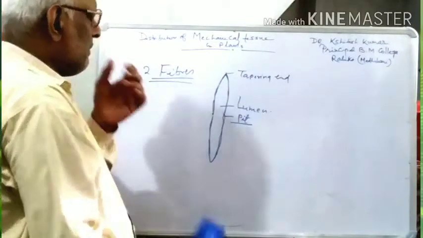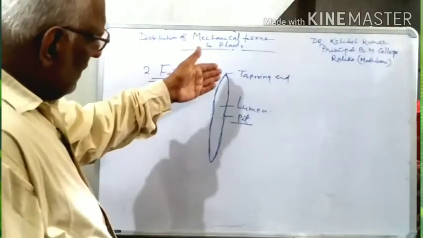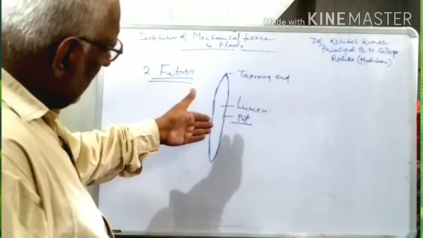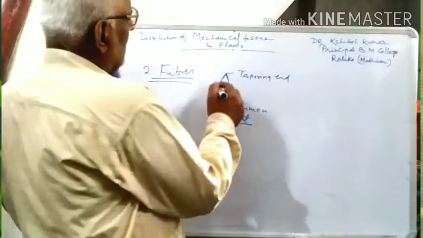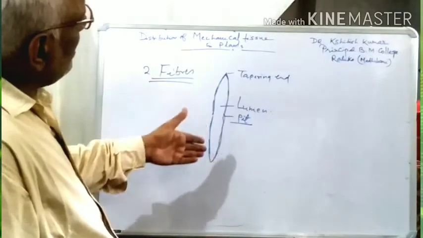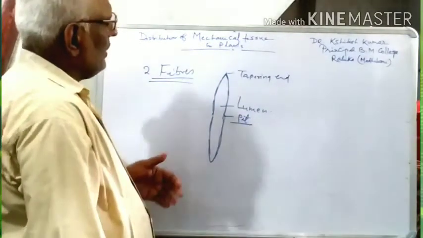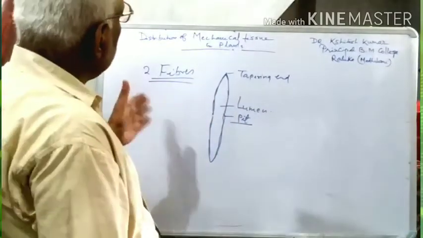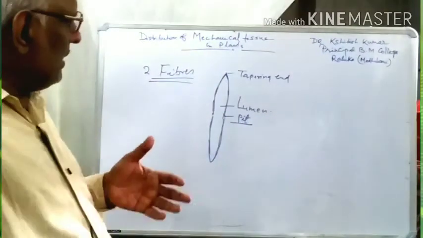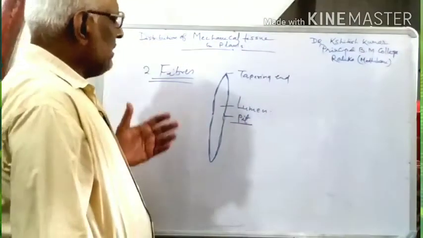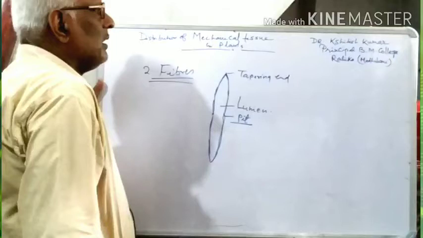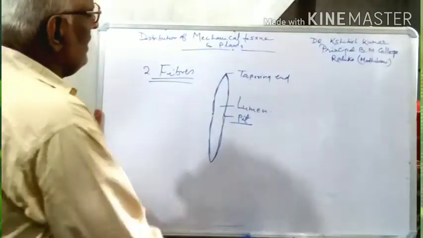In some plants the lumen is found much narrower, because there is much deposition of lignin in the fiber to give mechanical support to the plant. So there are different types of fibers according to the needs of the plant, and these fibers help the plant overcome mechanical stresses and strains.